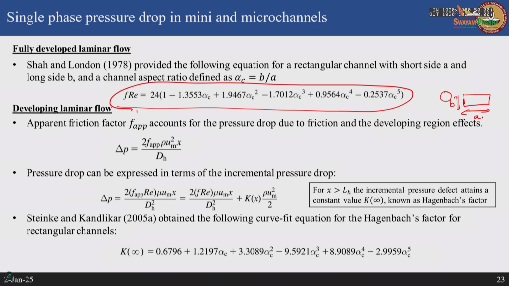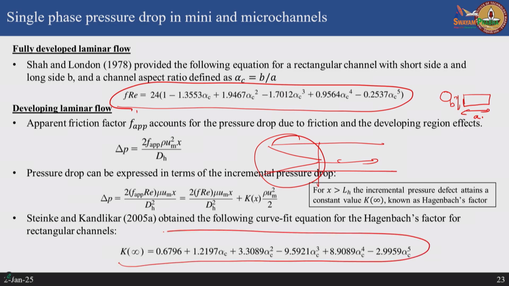Similarly, when you are talking about single phase pressure drop, there may be a portion which is developing, so there is a developing length and a fully developed length. The boundary layers merge and then it becomes fully developed, so this developing length also has to be accounted for. People use the Hagenbach factor as a function of the aspect ratio to account for the effect of developing length.